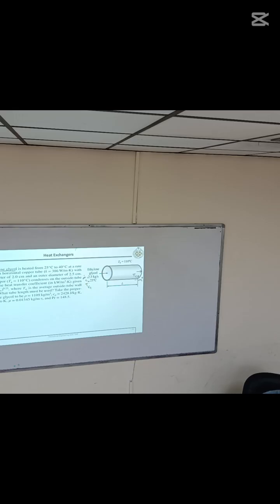This is the cold fluid in a horizontal copper tube. The thermal conductivity of the copper tube is given, so it means wall resistance cannot be neglected in this case. Here K is given as 386 watts per meter per Kelvin, with the inner tube diameter and an outer tube diameter. So it means the thickness of that wall is also mentioned here.